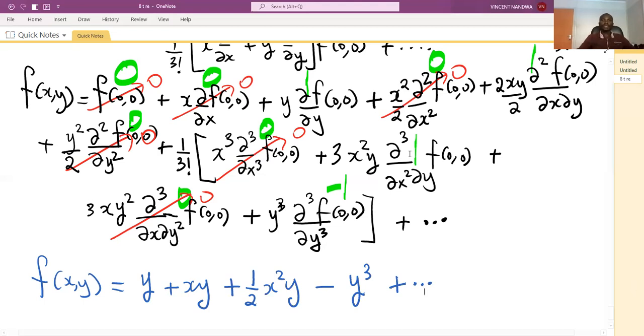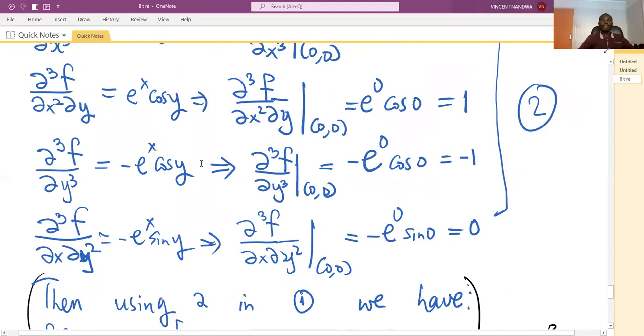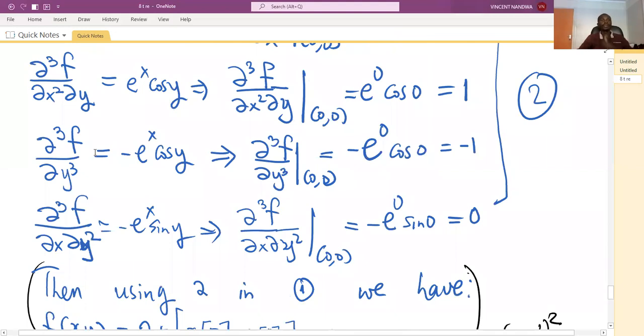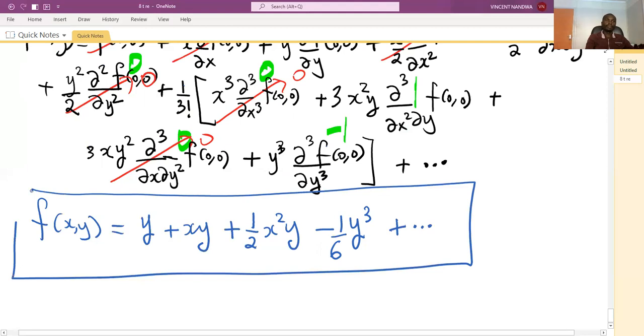So in these values that we're obtaining here, we had only -1 at third partial derivative of f with respect to y. So therefore the function will be f of x y equals y plus xy plus a half x squared y minus y power 3, remember, multiplied by 1 over 3 factorial, so we have 1 over 6 there. Also, this bracket is being multiplied by 1 over 3 factorial. So this is the desired solution to that given problem. Thank you.